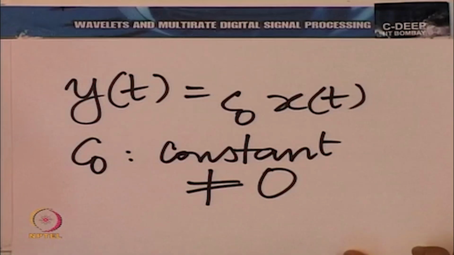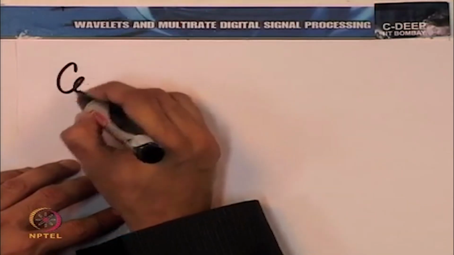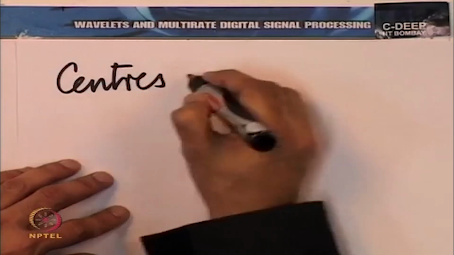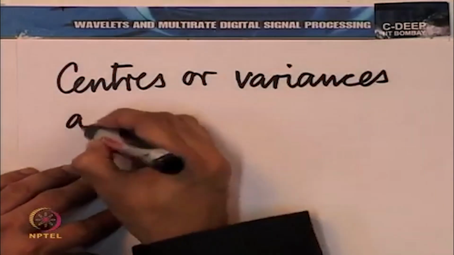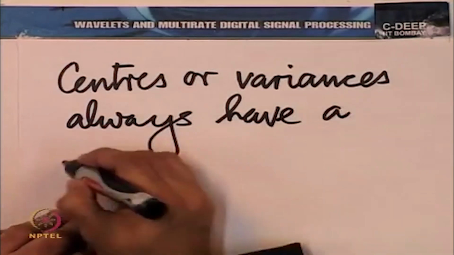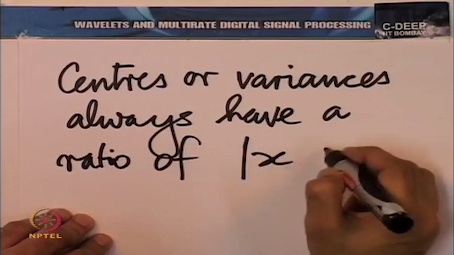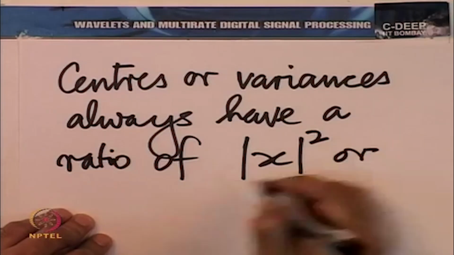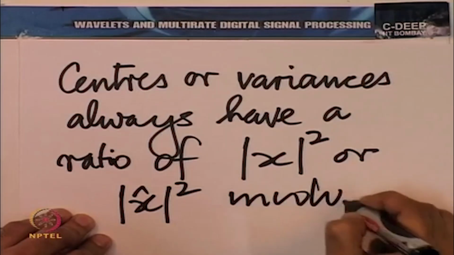So, if C 0 is a constant, it is very easy to see that in the process of defining the center or the variance, the centers or variances always have a ratio of mod x squared or mod x cap squared involved.